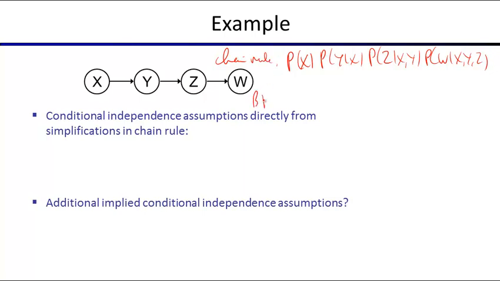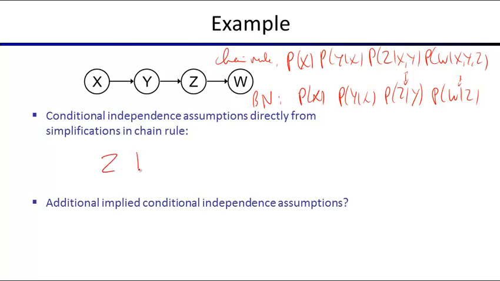And for the Bayes net of this particular structure, we end up with P(x), P(y given x), P(z given y). So that's actually different. And then P(w given z), that's also different. So what are the assumptions? 2 assumptions. One of them is that z is independent of x given y. And the other one here is that w is independent of x and y given z.